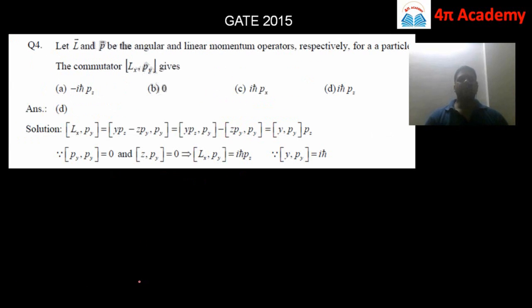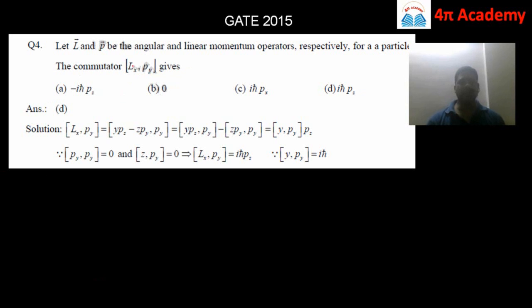Now let us look at the fourth problem. This is a problem from the GATE 2015 paper: if L bar and P bar are the angular and linear momentum operators respectively for a particle, then the commutator of Lx comma Py gives.